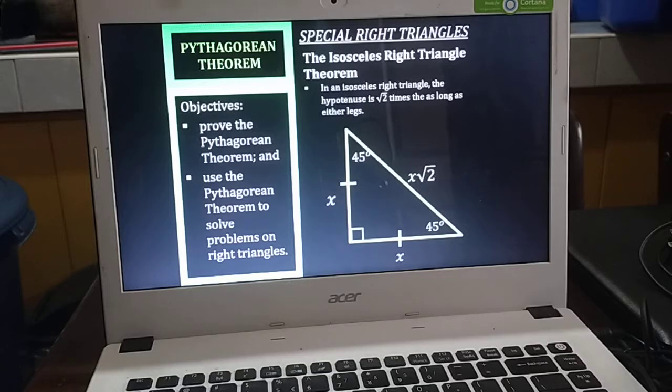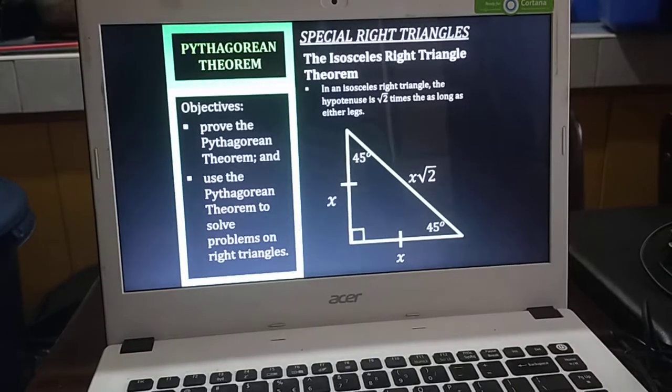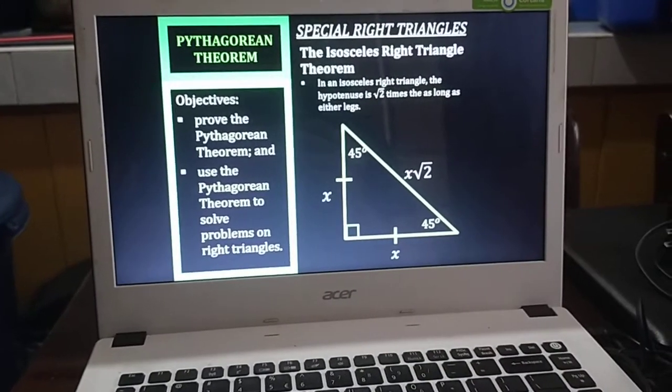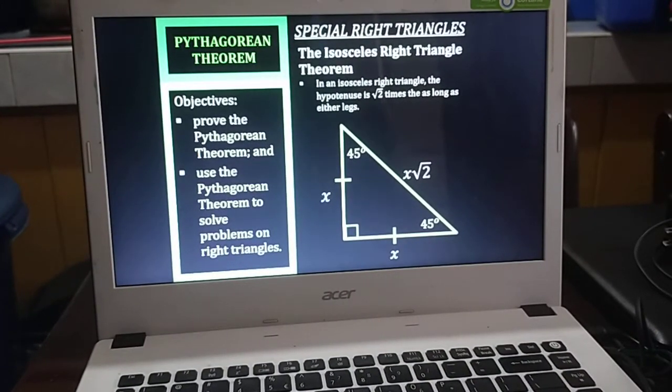So this theorem is based from, or originates from, the square. If you have a square figure, we will prove why the dimension of the special right triangle, the isosceles right triangle theorem, is x square root of 2.